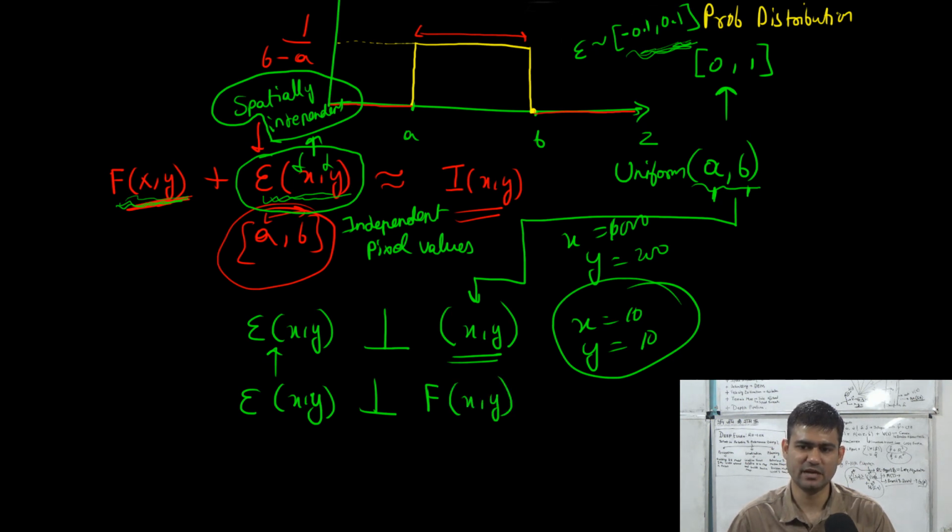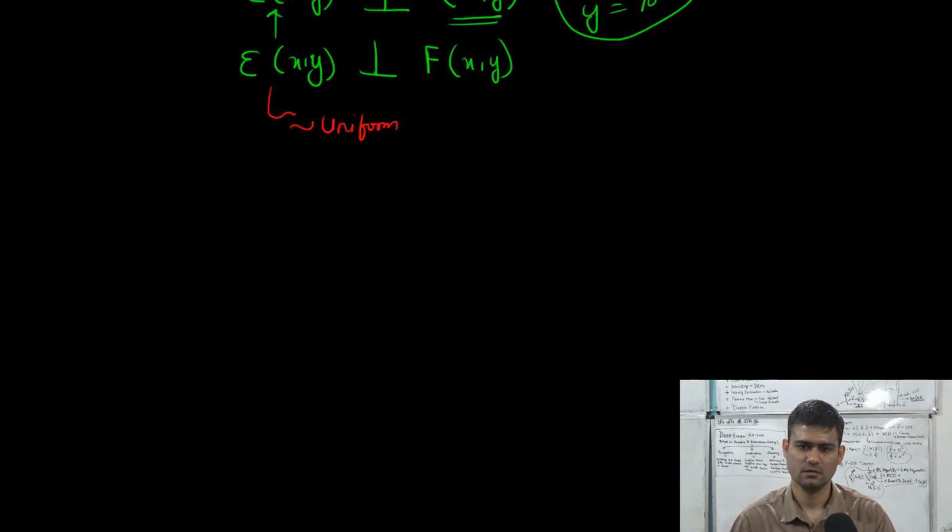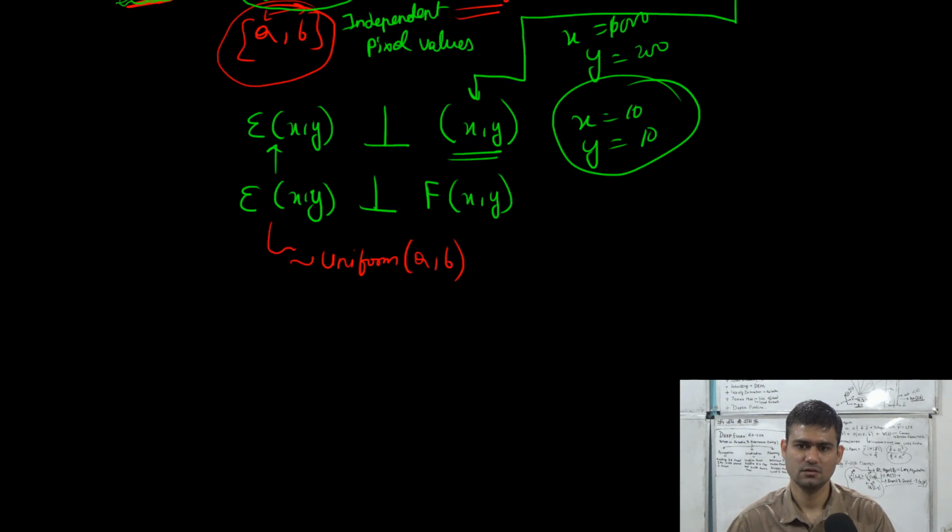It means that it has a uniform distribution between A and B, where the value of A is independent of the pixel value and of the location in the image. Similarly, B is also independent of the pixel value and of the location in the image. So next we are going to present an example of an image that is corrupted by a uniform noise.